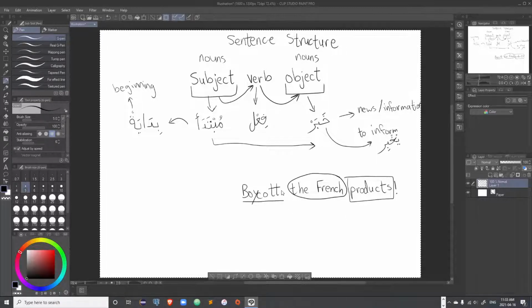So boycott here, you do not have an accusative. It is implied that you are speaking to a singular person or multiple people. However, in Arabic, you have to explicitly state the accusative or the one you are speaking to. So the imperative for boycott is قاطعوا.